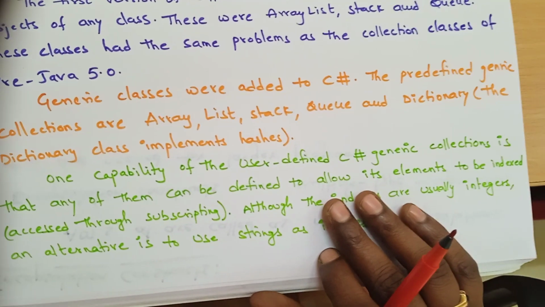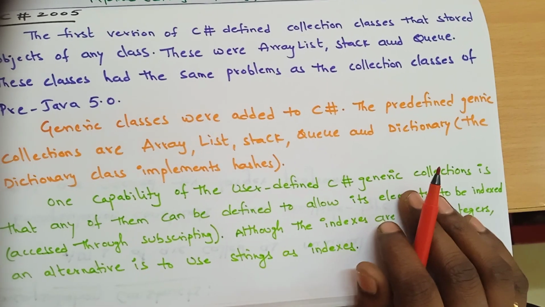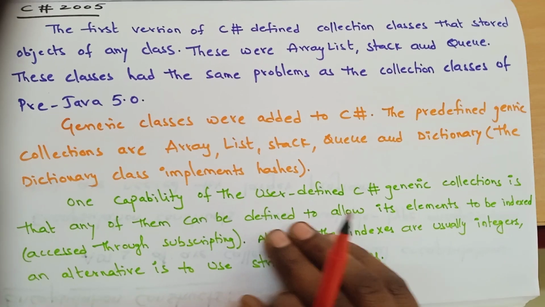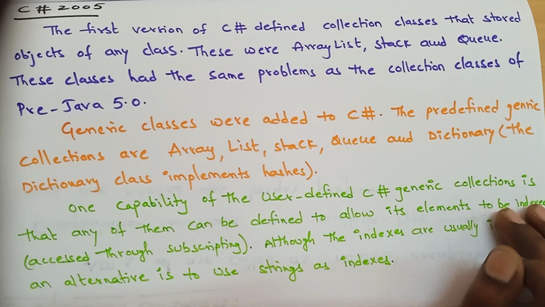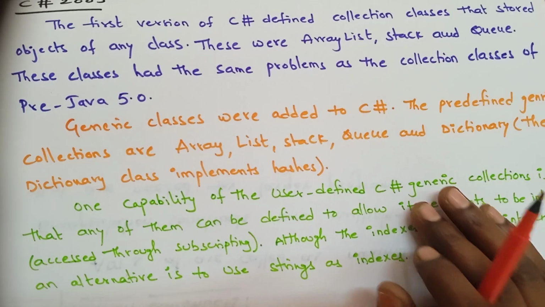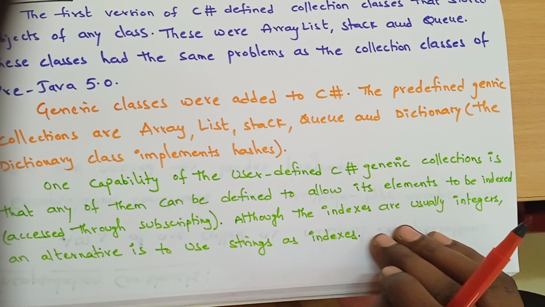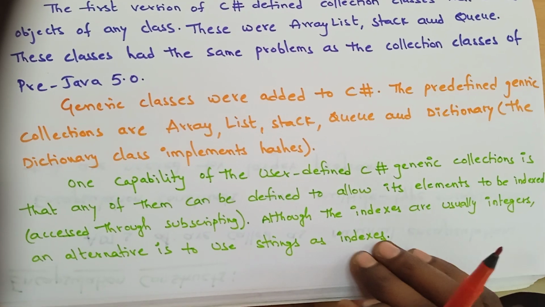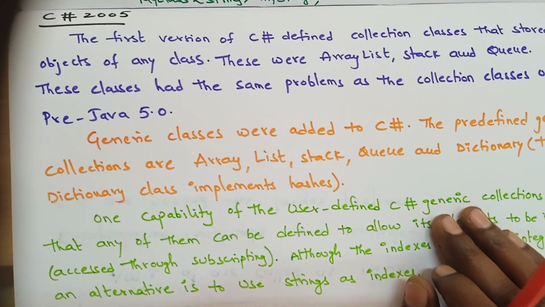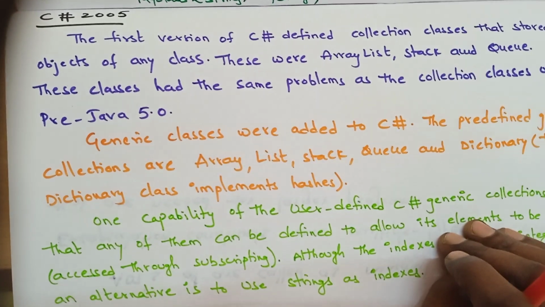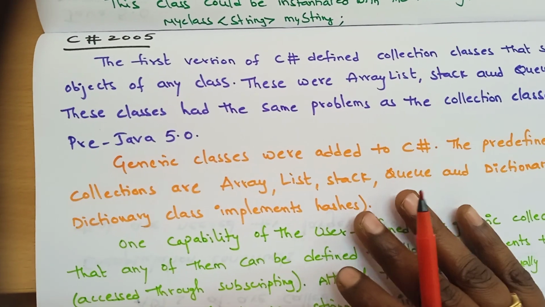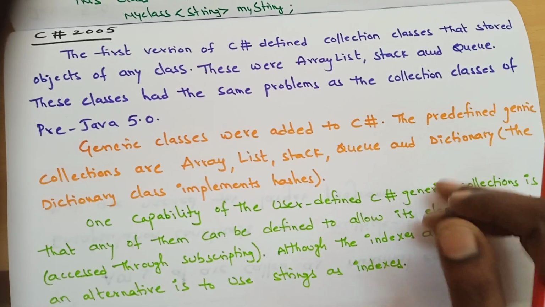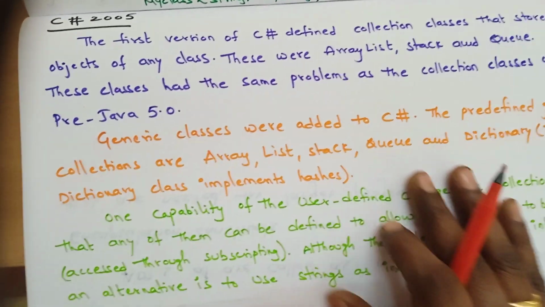One capability of the user-defined C# generic collections is that any of them can be defined to allow its elements to be indexed or accessed through subscripting. Although the indexes are usually integers, an alternative is to use strings as indexes. This is for C#. We take generic classes as an additional feature of C#, and the predefined generic collections are array, list, stack and queue.